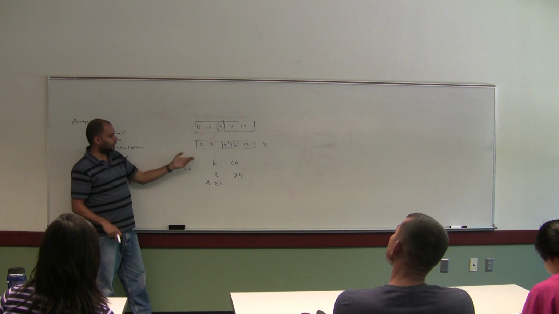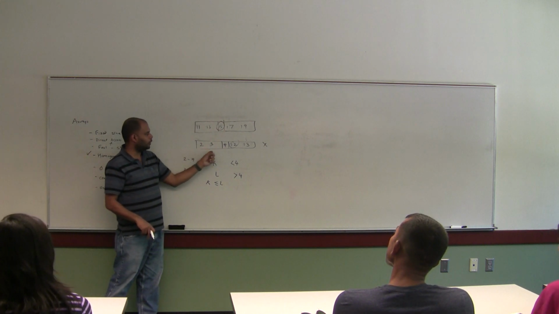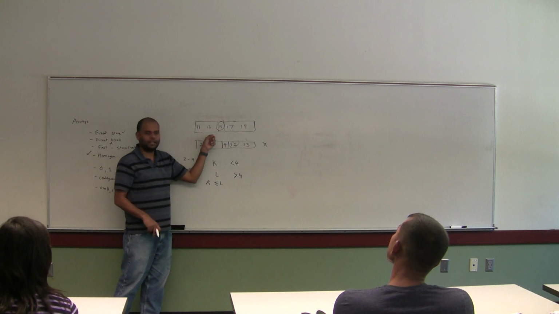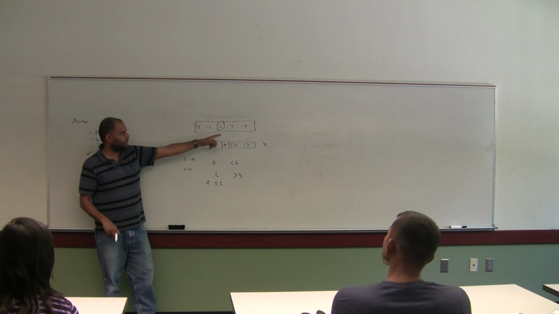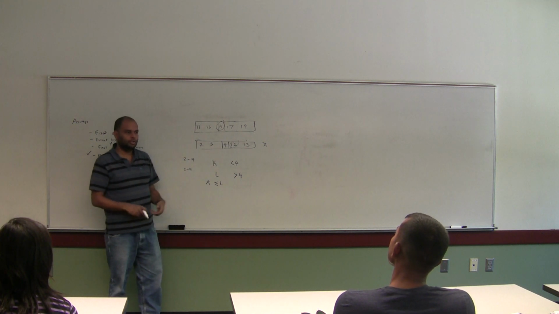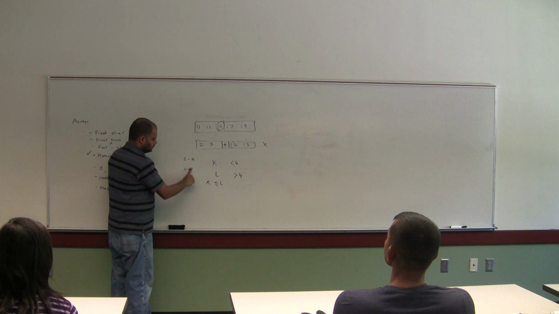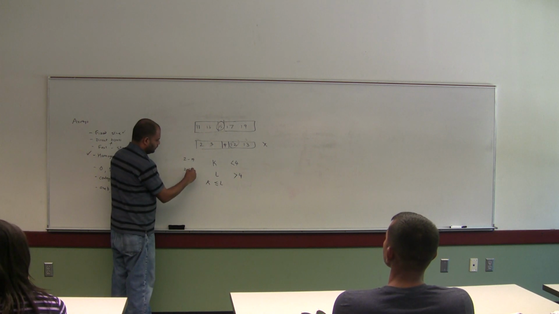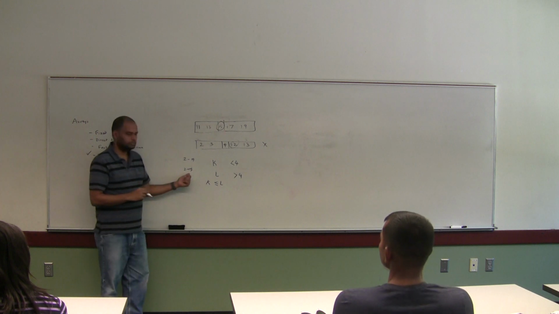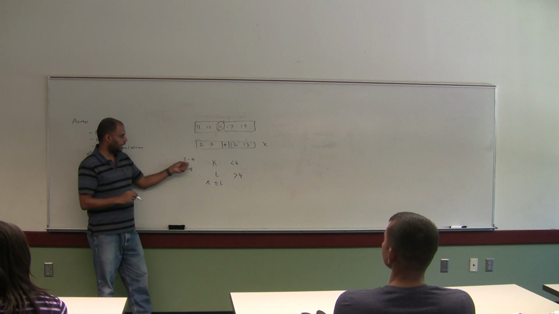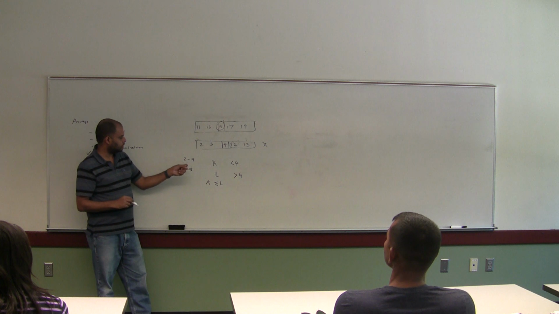So how many elements are less than 15? 1, 2, 3, 4, 5, 6 and 7 elements. And how many elements are greater than 15? 2. Which means my L has to be less than 15, that I know. K is the same thing.